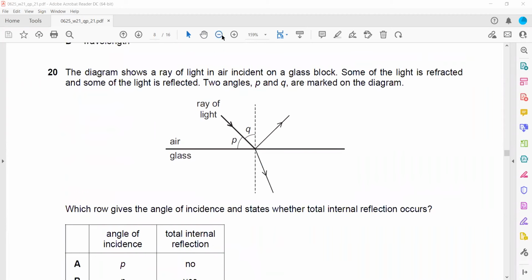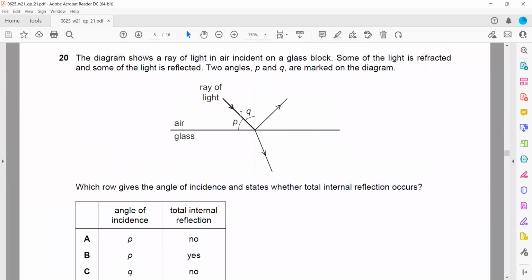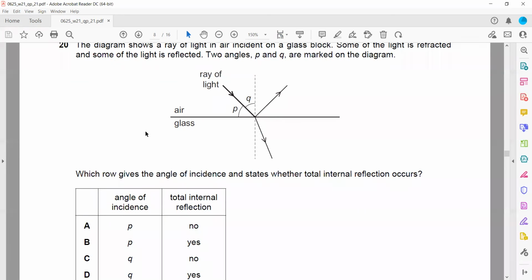Question 20, the diagram shows a ray of light in air incident on a glass block, and some of the light is refracted and some of the light is reflected. The two angles P and Q are marked on the diagram. Which row gives the angle of incidence and states whether total internal reflection occurs?